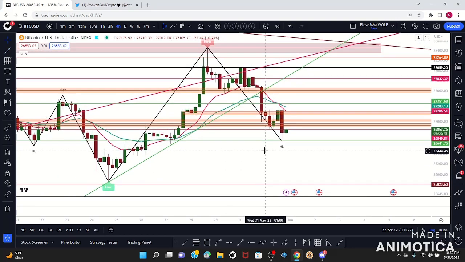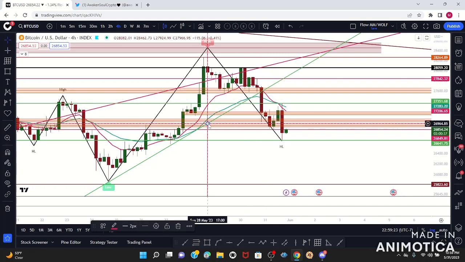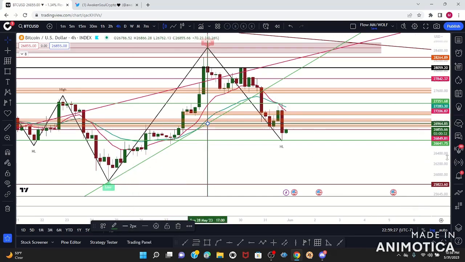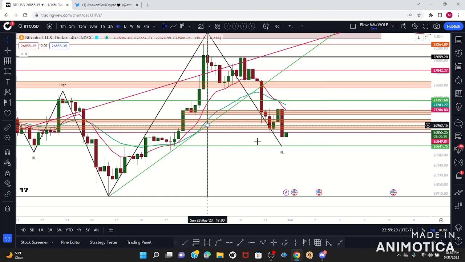So what's my green target? Based on this one touch and this cross, two touches, this is my highest peak. So 26.9, okay, we did already officially hit that target.